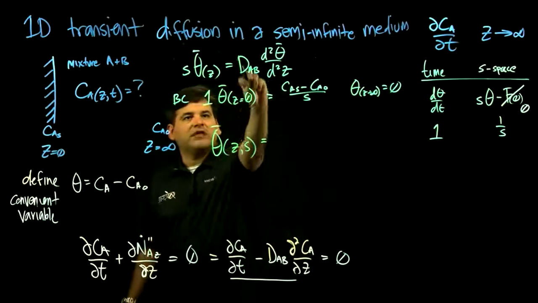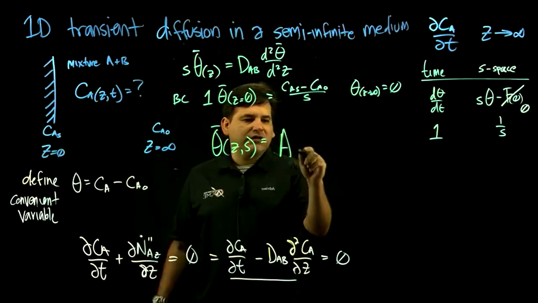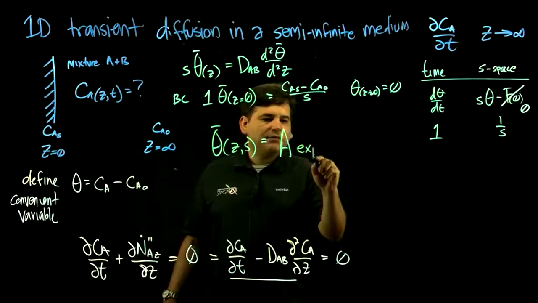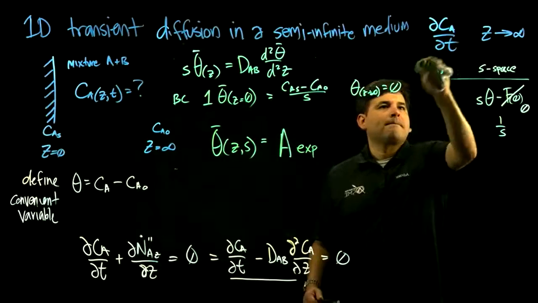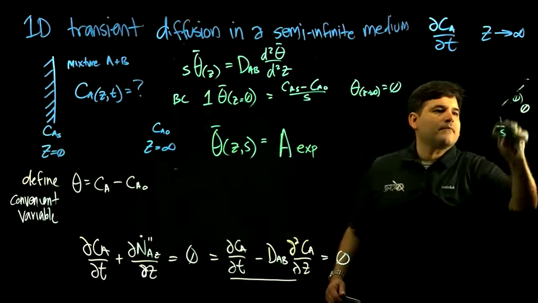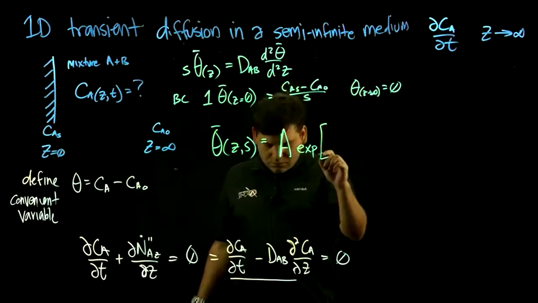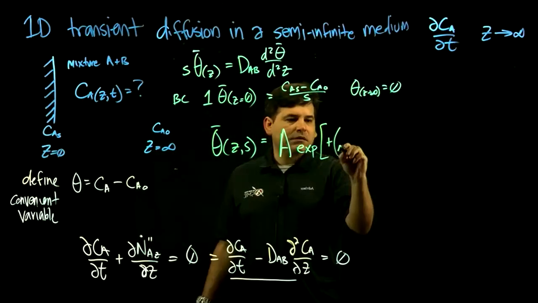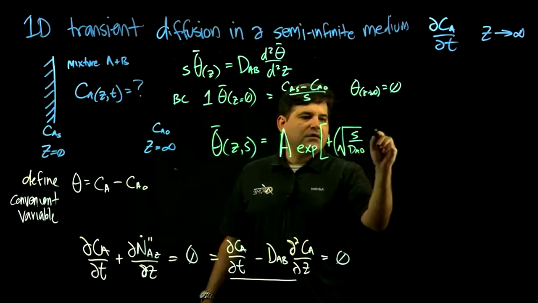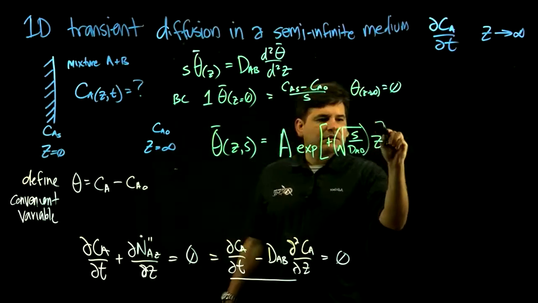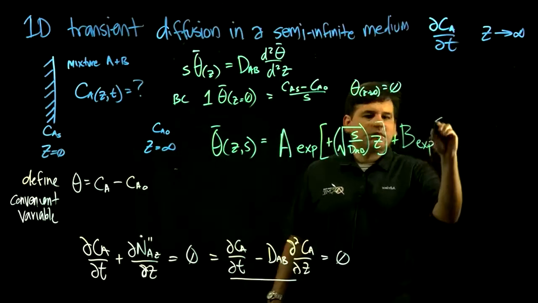That's the function we're looking for that satisfies this equation, equals, in general, A, some constant of integration, times the exponent of plus the square root of S over the diffusivity times z, plus another constant, B, times the exponent of minus the same.